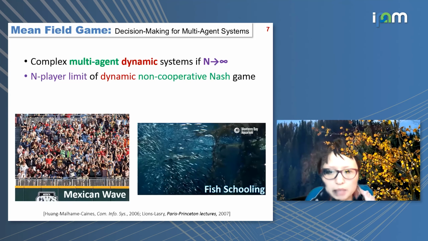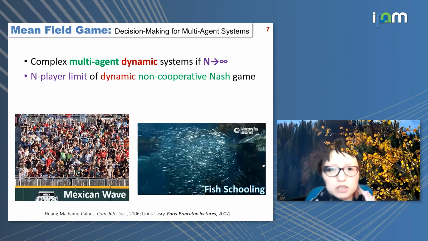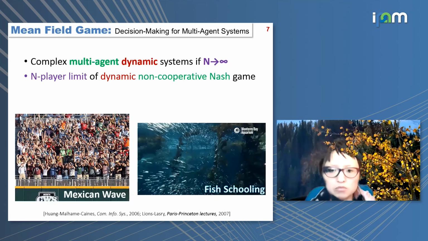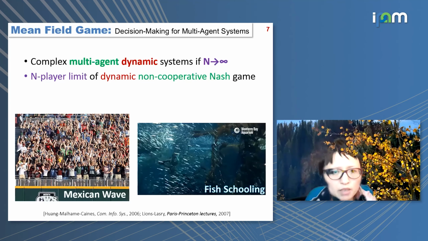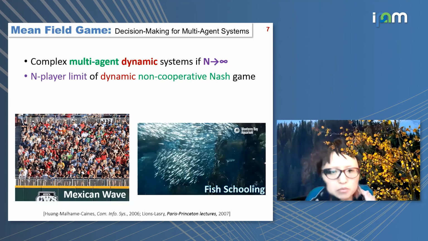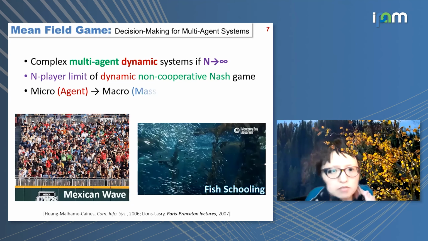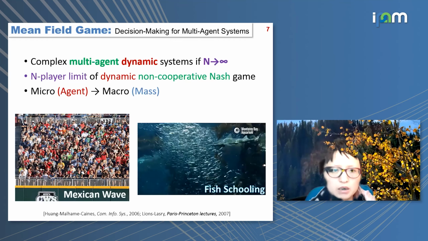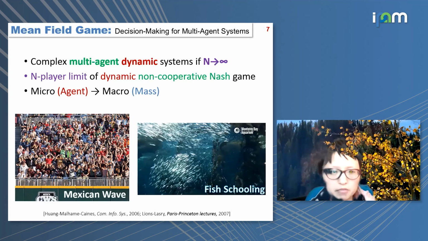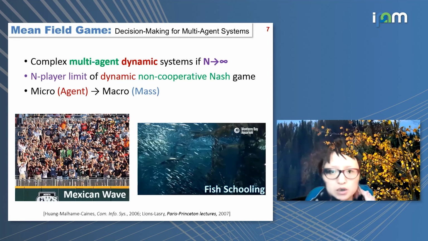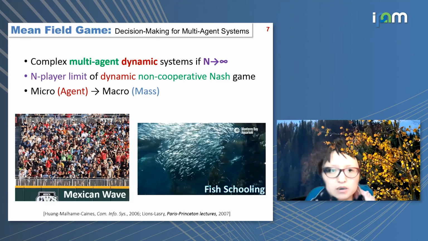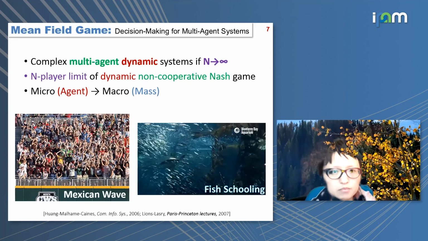Fish schooling, I believe, is one of them. So mean field game can be treated as another alternative to model this kind of behavior. But I think one big advantage of mean field game is that they start from micro behavior and then try to scale up to bridge the macroscopic aggregate behavior of a system. I will talk about why this is the case later on.